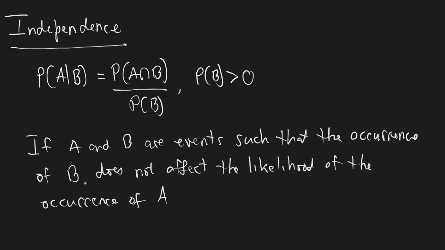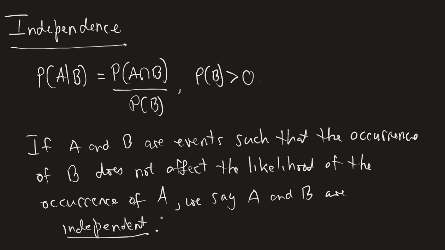We say that A and B are independent. So the fact that B has occurred will not change the likelihood of A occurring.